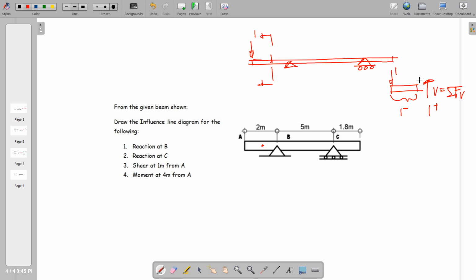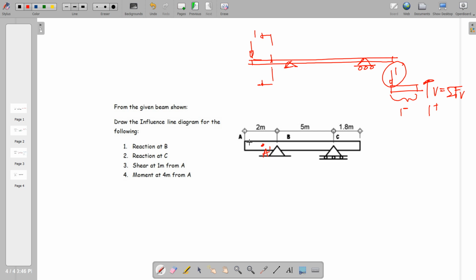However, if it exceeds beyond 1 minus, 1 will be no longer present on this cut portion. So there will be no shear at all on the right portion of this point. See, this is A prime. So just right of A prime, there will be no value or zero value.